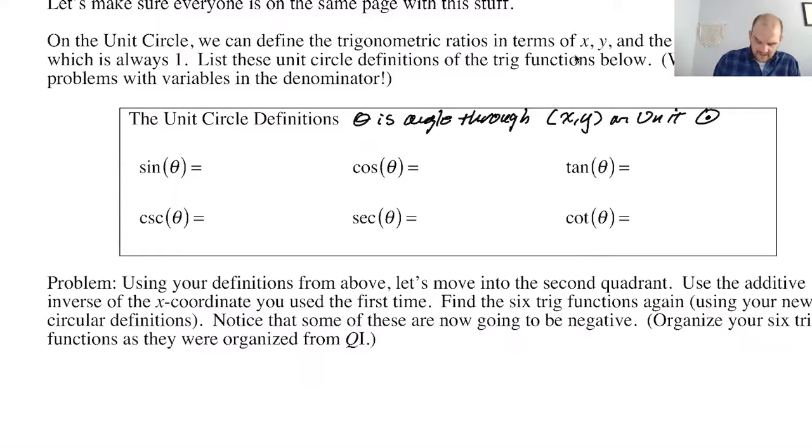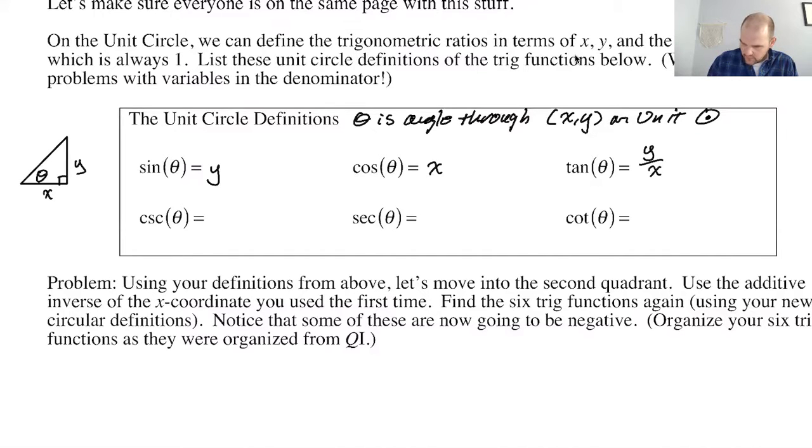We think that sine of theta should be the y-coordinate, cosine should be the x-coordinate, and then tangent, because of the way it works, you know, here's your y, here's your x, and this is theta. Tangent should be opposite over adjacent. It should be y over x.